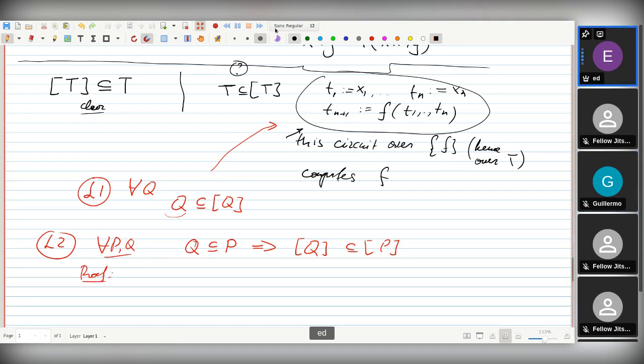We want to prove that every function for which we have a circuit over Q has a circuit over P. But given this inclusion, every circuit over Q is a circuit over P. Is it clear? Yep.